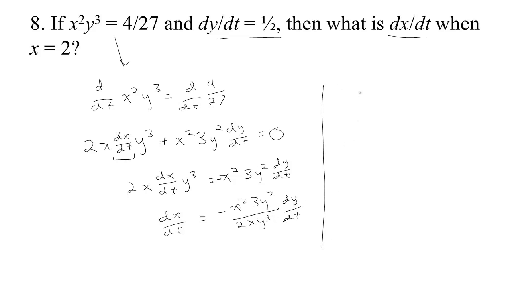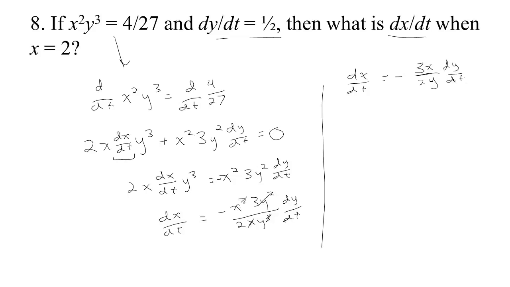Now we can see the relationship between those two rates. If I simplify a little, this x cancels one of those, and these y's wipe out all but one. So we have negative 3x over 2y times dy/dt.